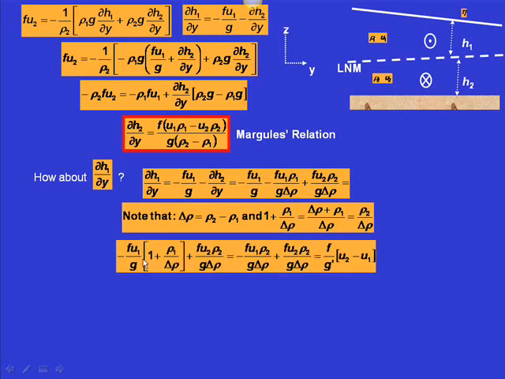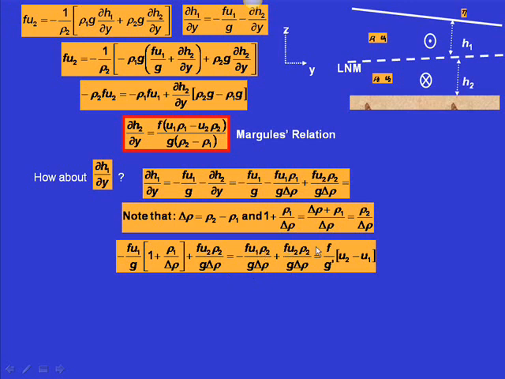So now we can group these two terms, f U1 over g, which is f U1 over g times 1 plus rho 1 over delta rho. These two terms are these two, and then this term comes here. But we know that 1 plus rho 1 over delta rho is rho 2 over delta rho. So this equals f U1 over g times rho 2 over delta rho plus this term here. Now we factor f. Notice that both terms have f over g delta rho over rho 2.